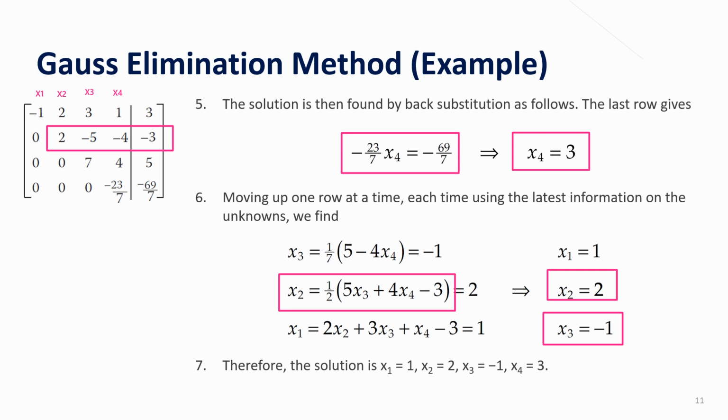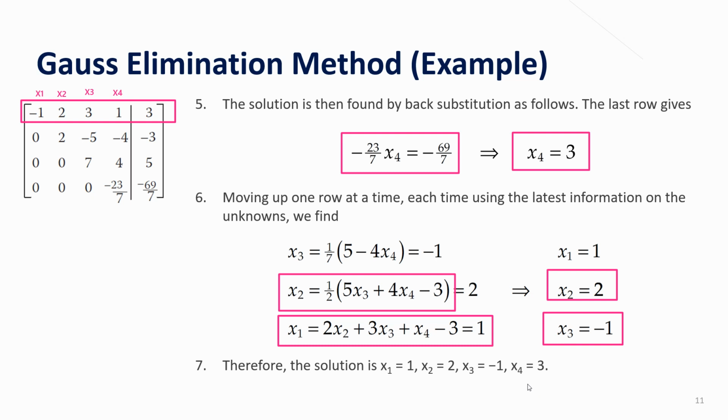And the final equation is that the top, row 1 here, will be minus 2x, okay, multiplied by -1 first, so my 2x2, 3x3, 1x1 minus 3 will be equal to x1 here.